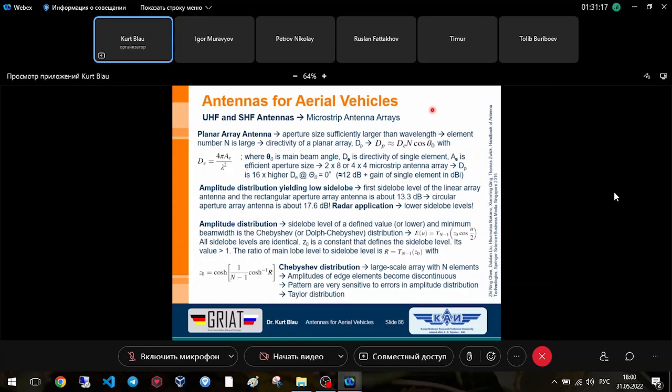This is, let's say, the basis why we build an array of n elements: to increase the directivity. One method to increase the directivity was the Yagi-Uda antenna. We have discussed it. Another possibility is to use larger reflectors, let's say parabolic reflectors or dishes.